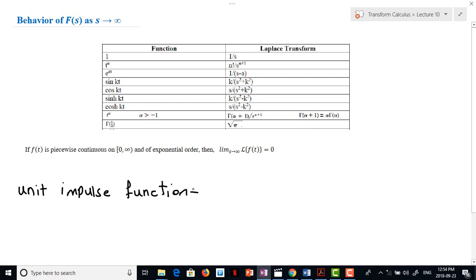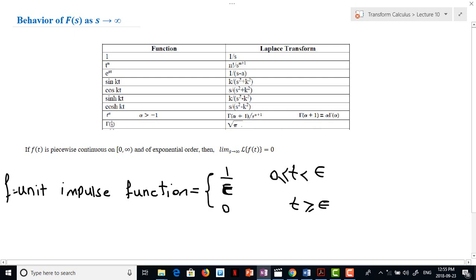We define it as 1 over epsilon when t is between 0 and epsilon, and it's equal to 0 for t greater than or equal to epsilon. So this function is not a piecewise continuous function, but let's say f is equal to this function, the unit impulse function.